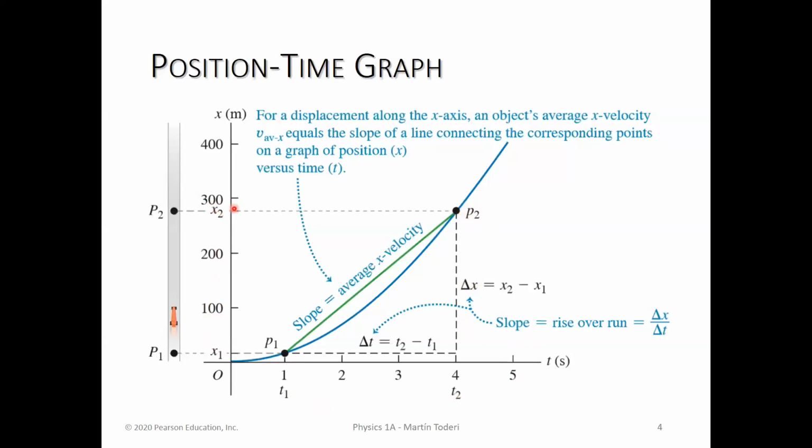It's x2, which is here, and x1. Right? So if we calculate that, we're going to have the average speed that we defined on the previous slide. And if we take a look at the geometry of this, we have a triangle here, and this operation is giving us the tangent of the angle, and that's the actual slope of this side, which is the hypotenuse of the triangle.